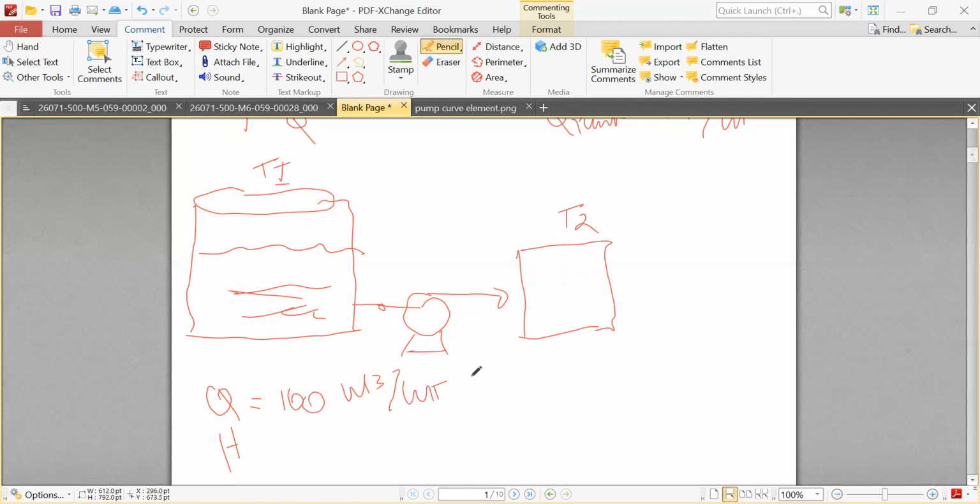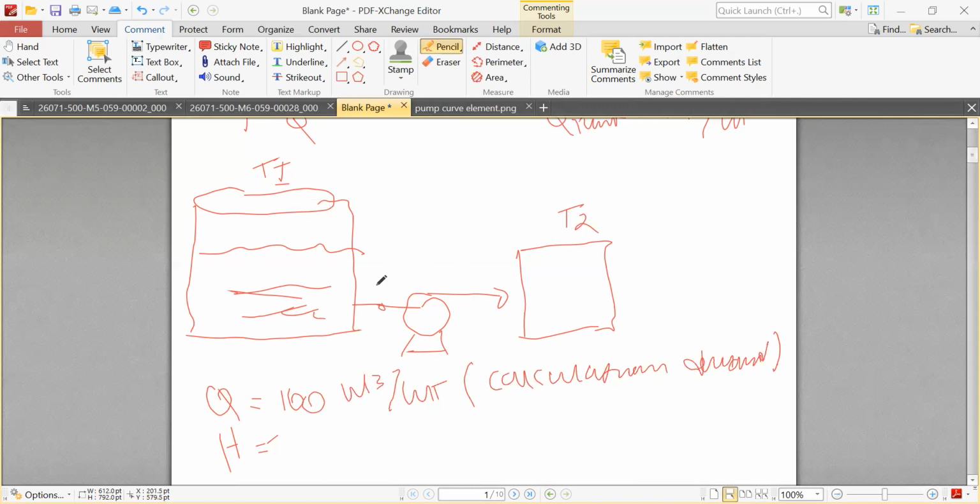This value is based on your calculation demand. I will discuss the calculation demand of the pump in the next session. And the head is the pressure difference between the discharge of the pump and the suction of the pump.